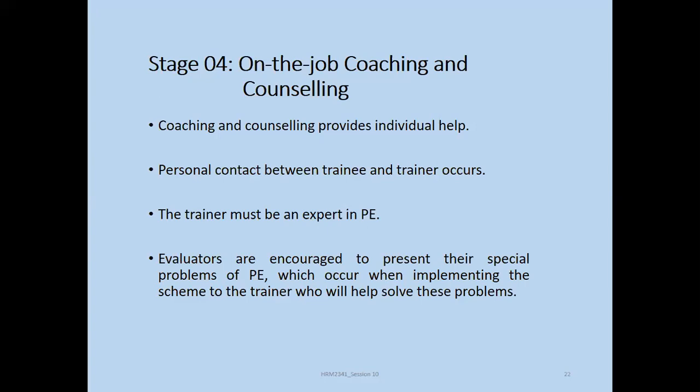Here, the main difference from all the other methods is that in on-the-job coaching and counseling we address individual problems, with personal contact between the trainee and trainer. Trainee means the evaluator here; trainer means the responsible expert in performance evaluation.